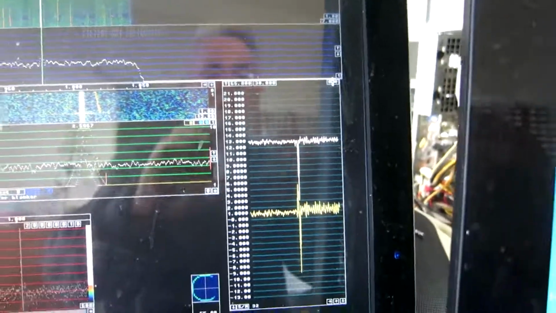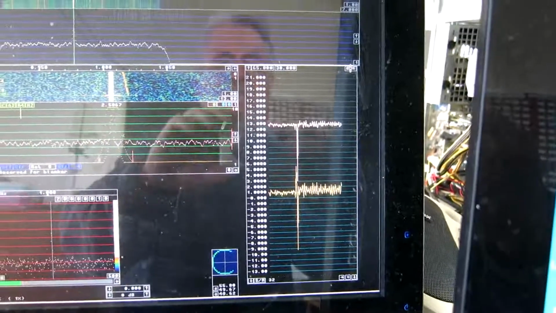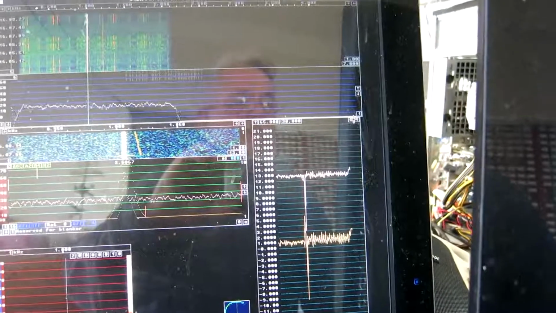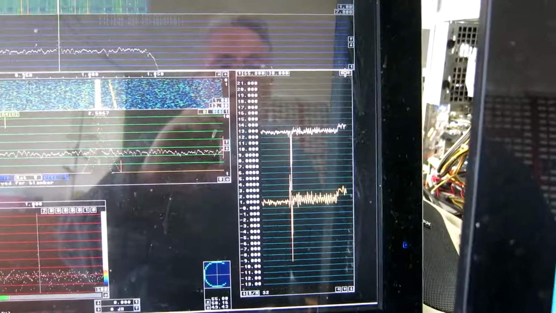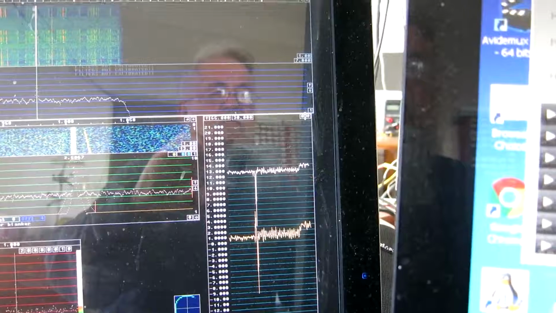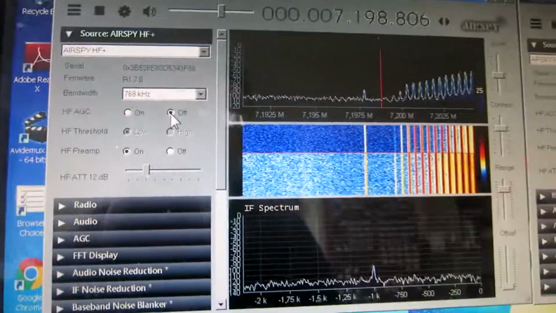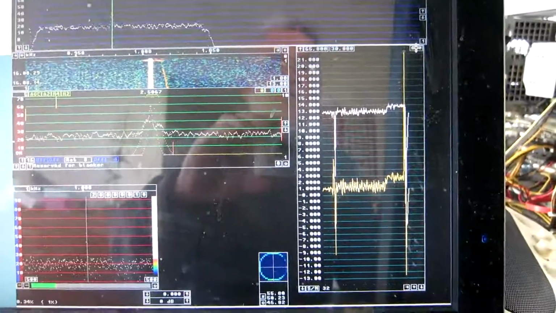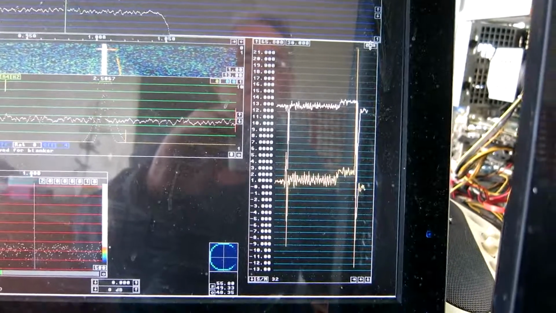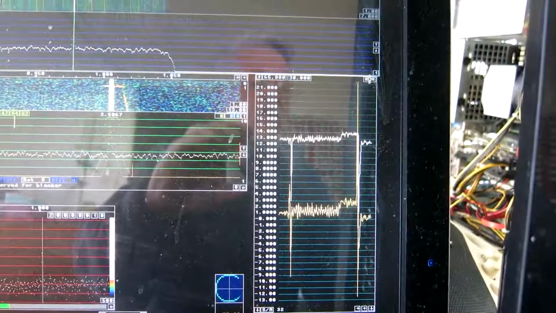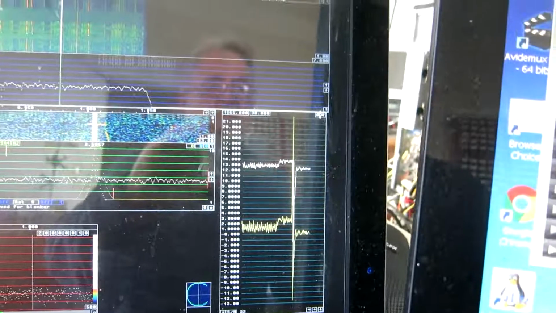So probably this is not as good for practical purposes. If I turn down the level of the generators by 3 dB, then this is what I get with the AGC enabled. And if I disable it, the noise floor goes down and also the sensitivity by about 3 dB, because I have set a specific noise figure for the system.